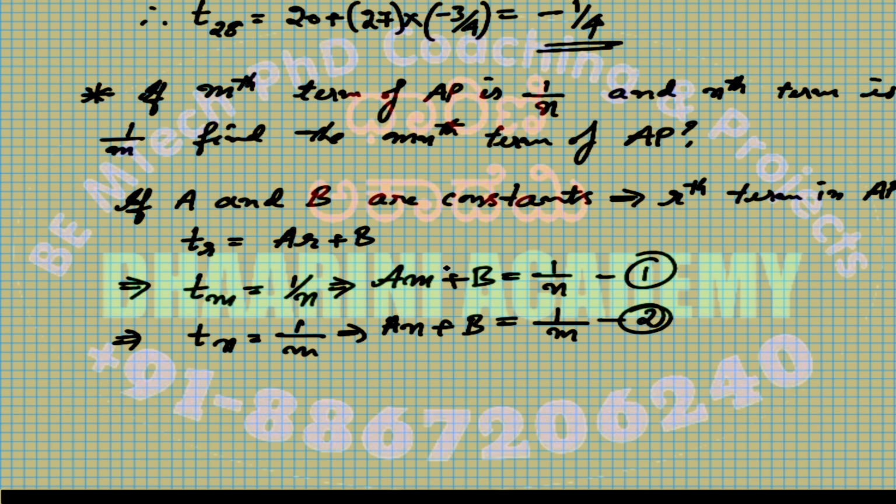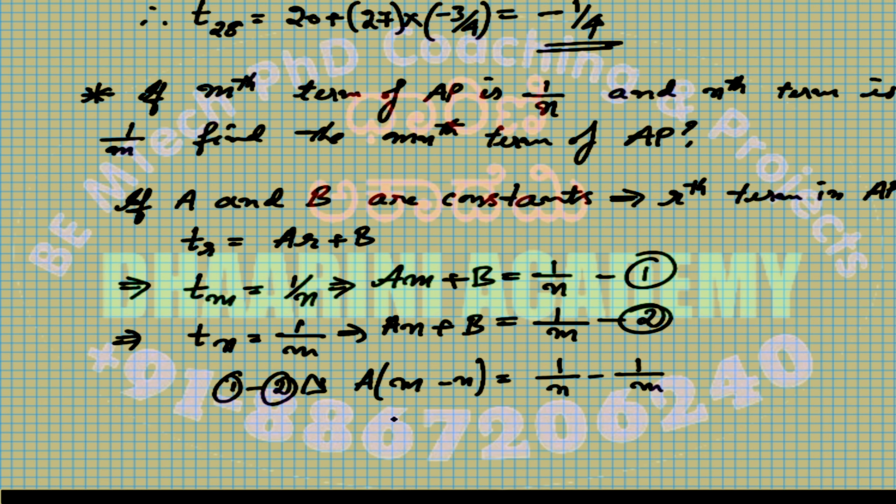If I subtract one from the other, 1 minus 2, b cancels. So A times (m minus n) is equal to the first one minus the second one, which is 1 by n minus 1 by m.